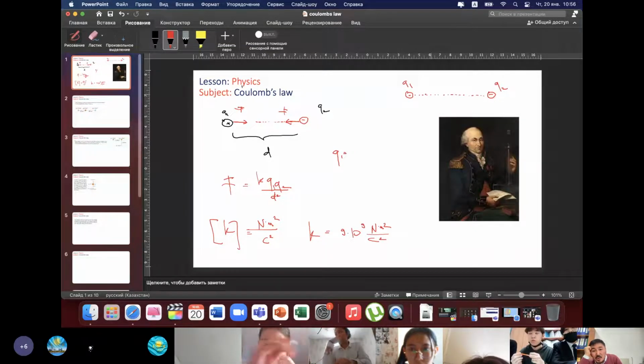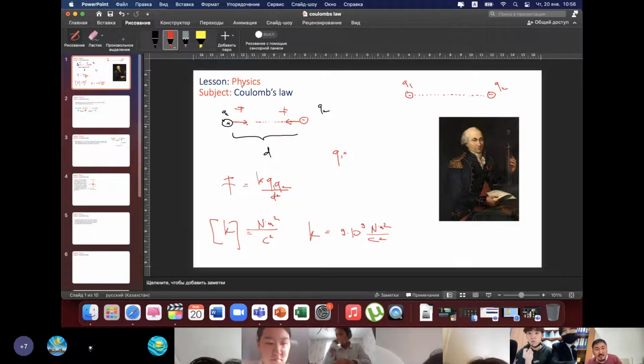So what will be the direction of force here? How can I draw the force? You see here, they attract in the first case, but here, what will be the direction of force?